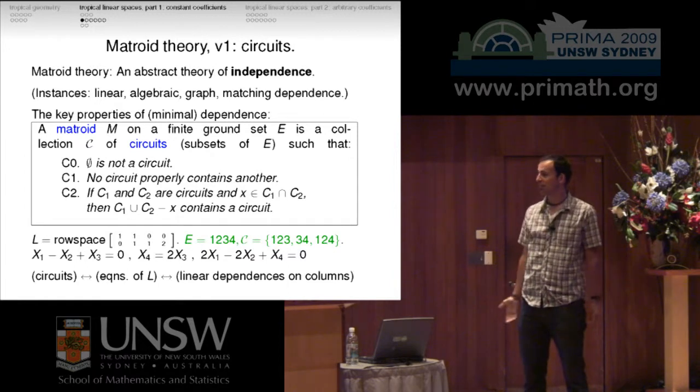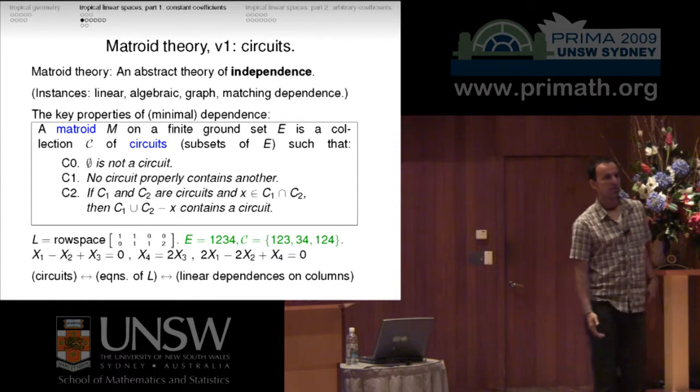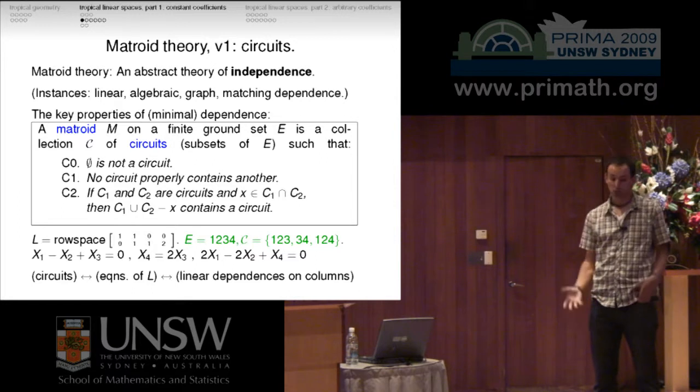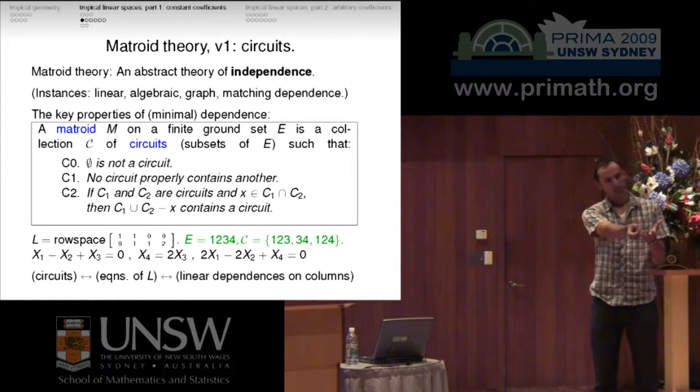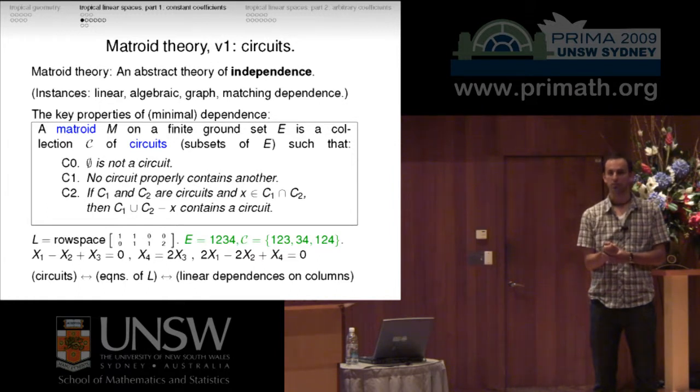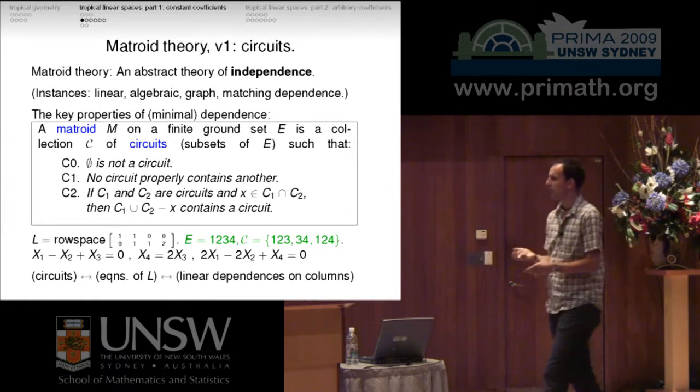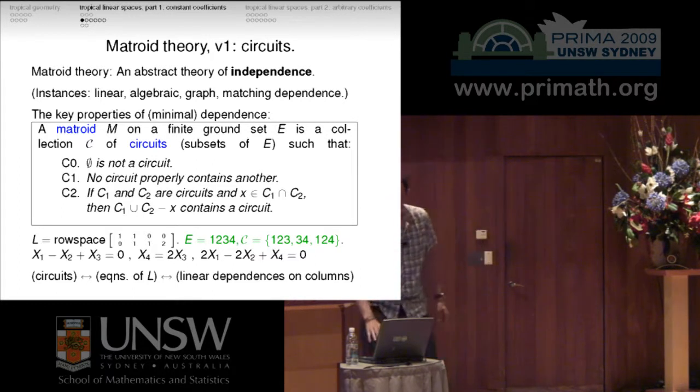So the only interesting condition is the third one: if you have 2 circuits, C1 and C2, that contain a common element, then the union of these 2 circuits with that element taken out also contains a circuit.